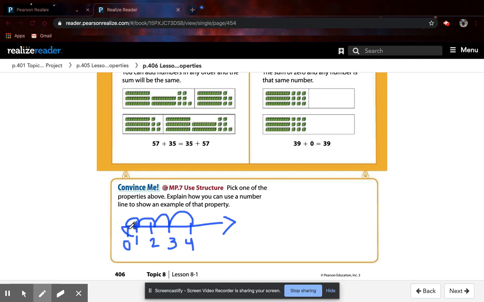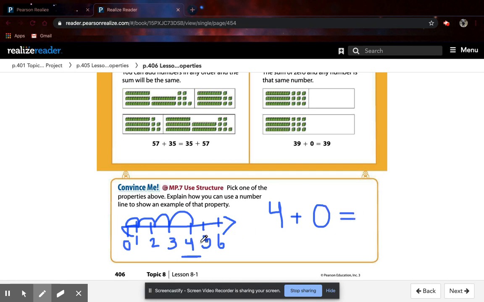So if I were to start at 0 and end up at 4, and then I were to say I added 0 to 4, so this is my starting point right here. So my equation would be 4 plus 0.